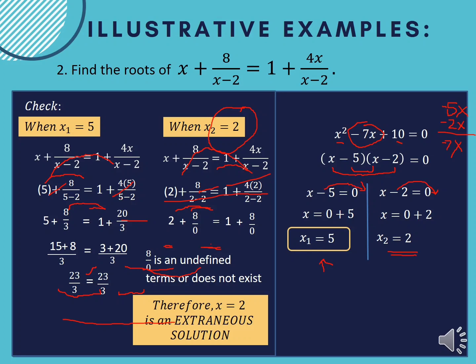Pero, kapag chinek natin, it will not satisfy kasi nagkakaroon tayo ng undefined terms or those numbers which do not exist. Ang 8 divided by 0 po ba talaga ay undefined? Yes po. Pero ang 0 divided by 8 is 0. 8 divided by 0 is undefined. So therefore, isa lang yung root talaga natin, which is equal to 5.